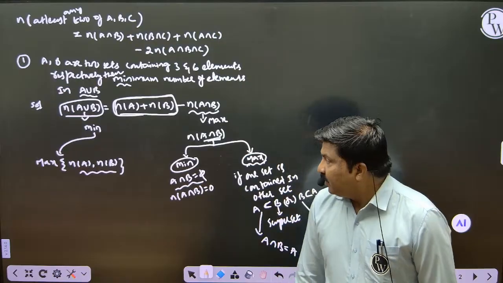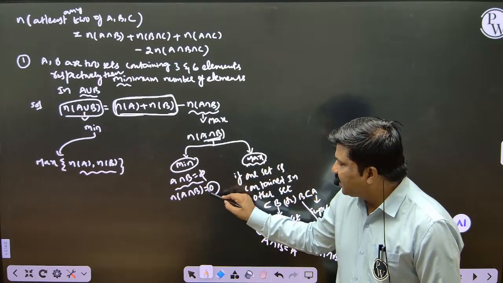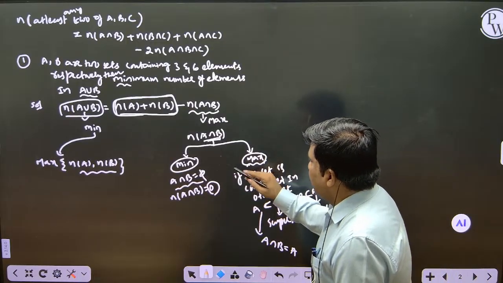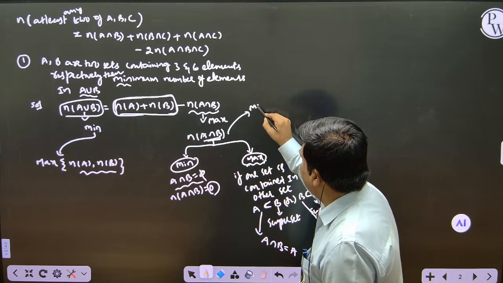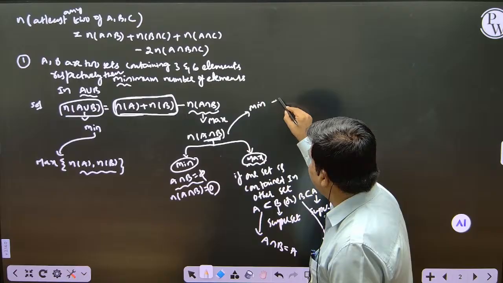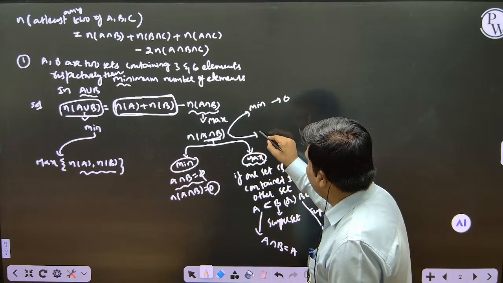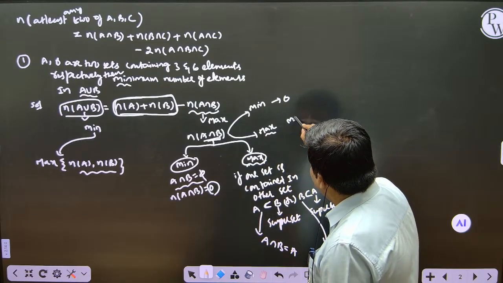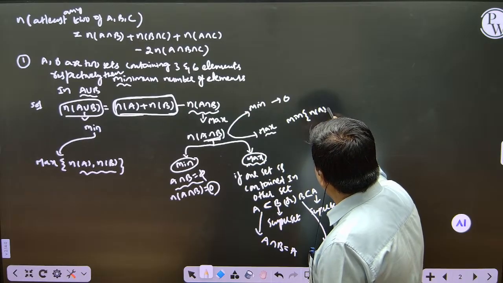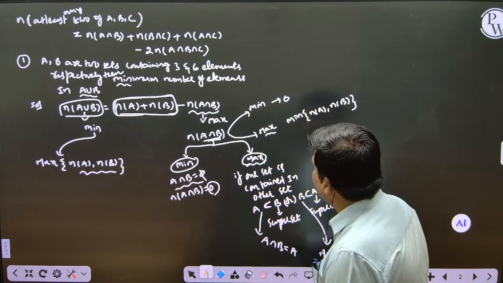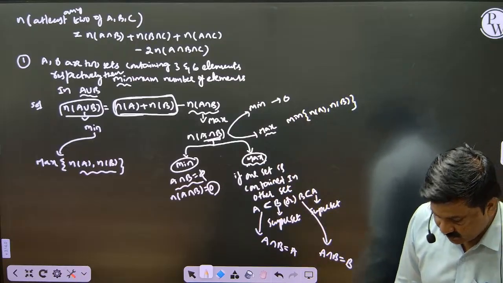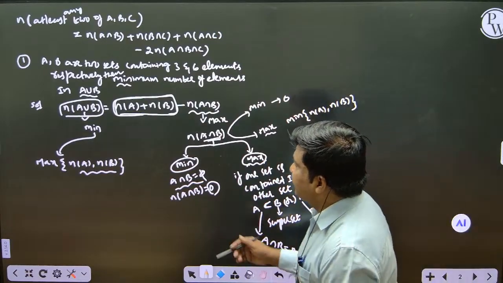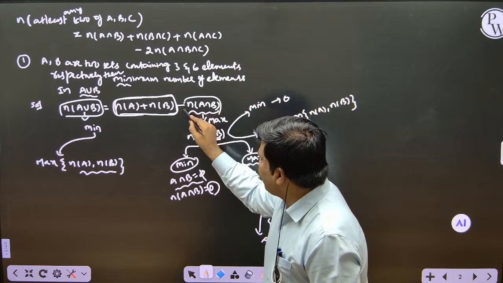The minimum of n of A intersection B is 0. But the maximum of n of A intersection B is the minimum of n of A, n of B. Look here: the value is minimum when the subtracting part is maximum.